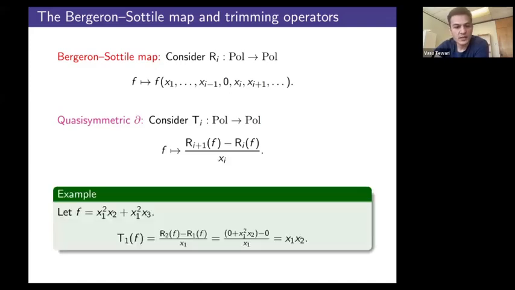Here's an example, and do stop me if something doesn't make sense. My operation is this T sub 1. I'm going to apply it to this polynomial f. R2 will turn x1 squared x2 to a 0, and will turn x1 squared x3 to x1 squared x2, shift and reindex. And R1 is going to kill both of these things. So you get x1 squared x2 in the numerator, and you're dividing out by x1.